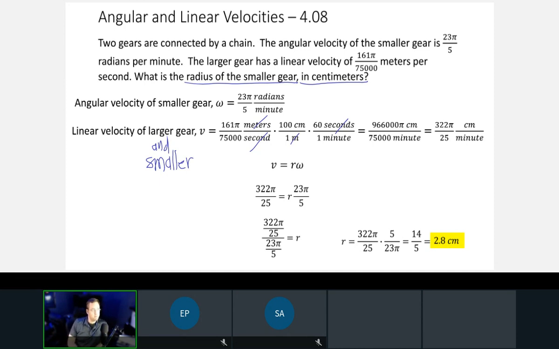We actually could have converted the final answer. If you left it as meters per minute, your final answer would have been in meters, and you'd just have to convert that into centimeters. So you would have had 0.028 meters converted to centimeters, but that way just sounds terrible. Don't do it that way.